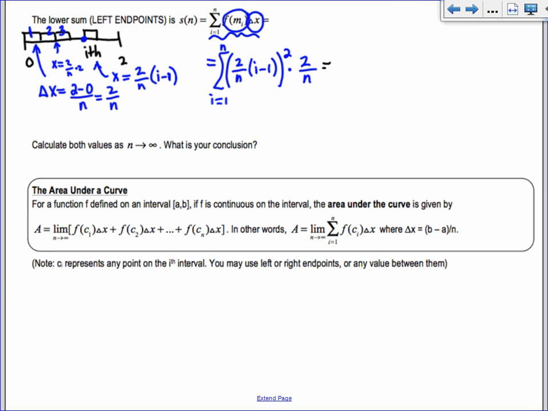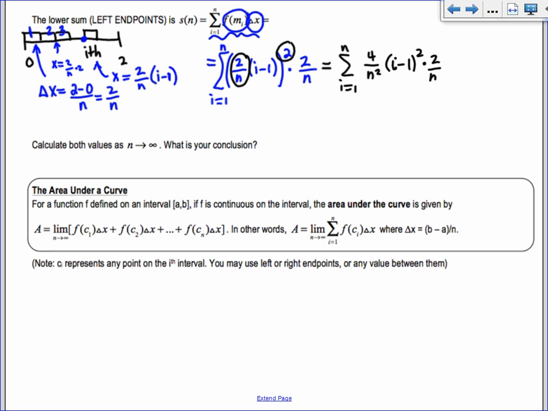Okay, so as I'm simplifying, I'm going to have i equals 1 to n. I'm going to have 4 over n squared, because I'm going to square the 2 over n. And then I'm going to square the i minus 1, so it's (i minus 1) squared. And then I'm going to have times 2 over n. So what all can I pull out? Do you guys remember? I can pull out the 2 over n.